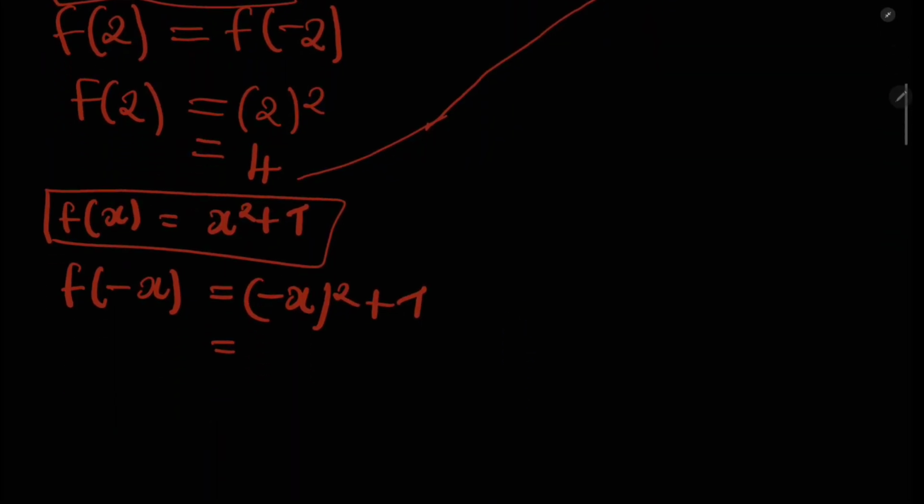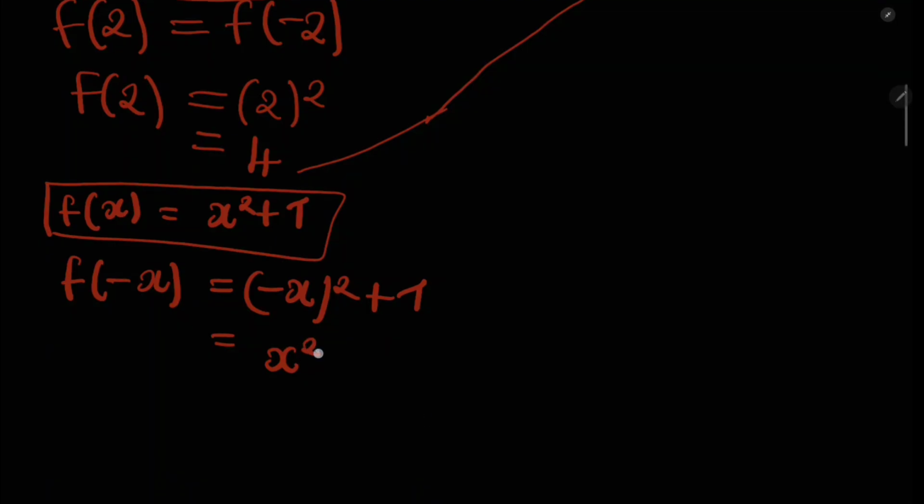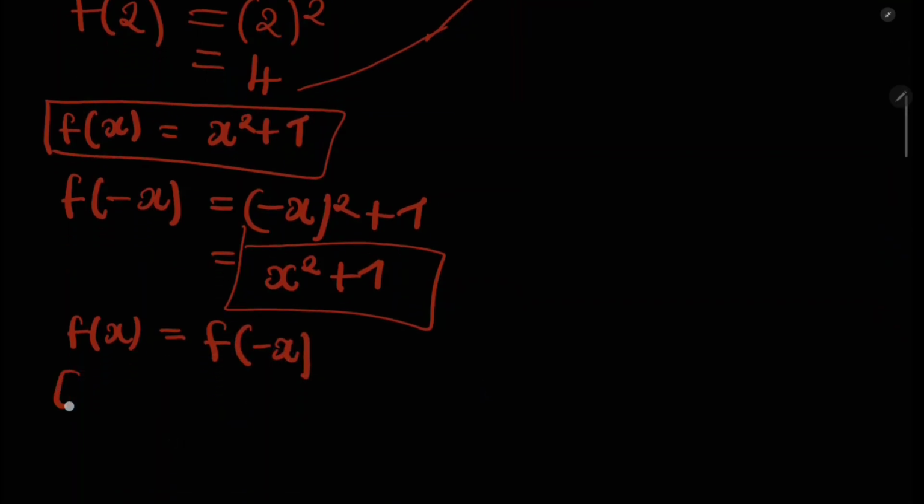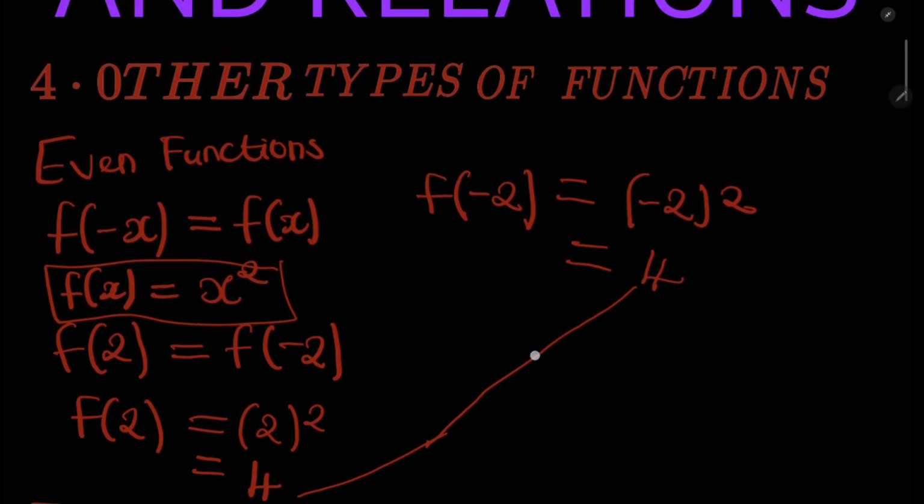So from here, this is simply going to be x squared plus 1. So they are the same. Our f of x is equal to our f of minus x. And here we say that this function is an even function.